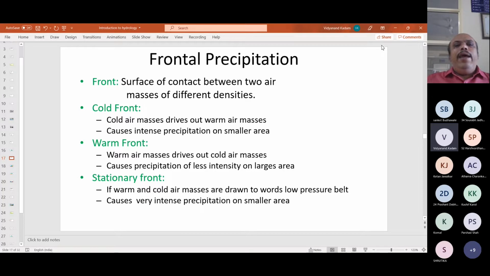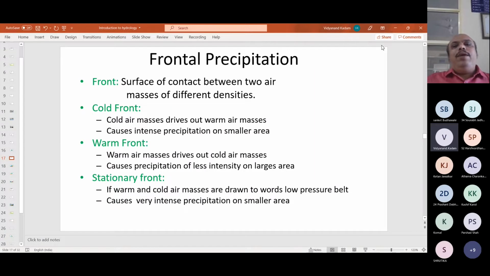The air masses are laden with moisture, and some air masses get saturated, some are partially filled. So there is a difference in the densities of two air masses, and the surface of contact between the two air masses of different densities is called a front.